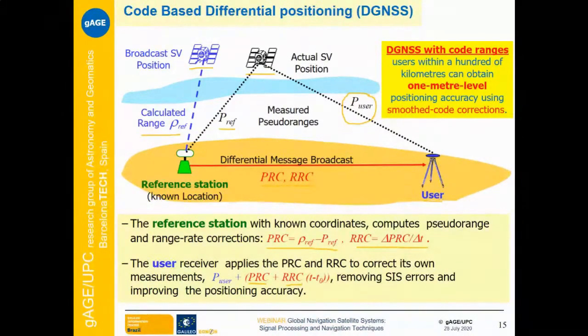And then we can achieve, and we will see examples, errors of about 1 meter.